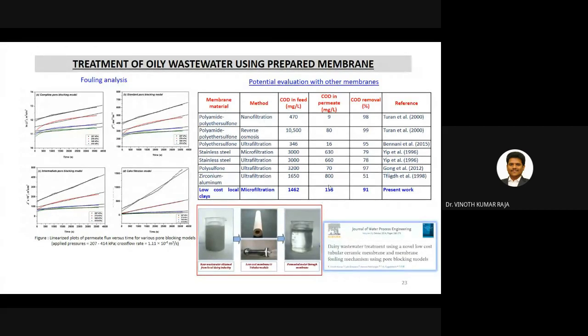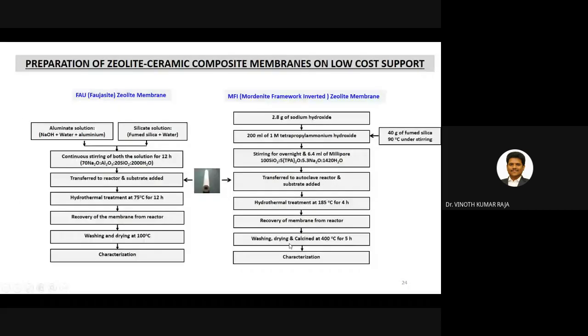The COD removal in the dairy wastewater using our prepared low-cost membrane is comparable to other membranes already reported in the literature. So the prepared membrane is better than other membranes in COD removal from the industrial wastewater. You can see here, this is the collected wastewater from the real industry, and after treatment with this prepared membrane, the water looks like this.